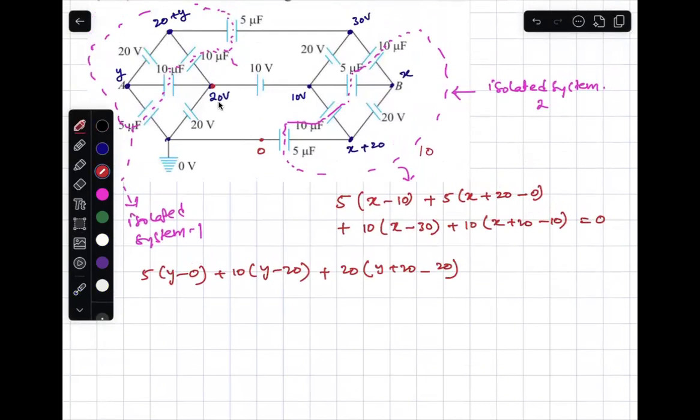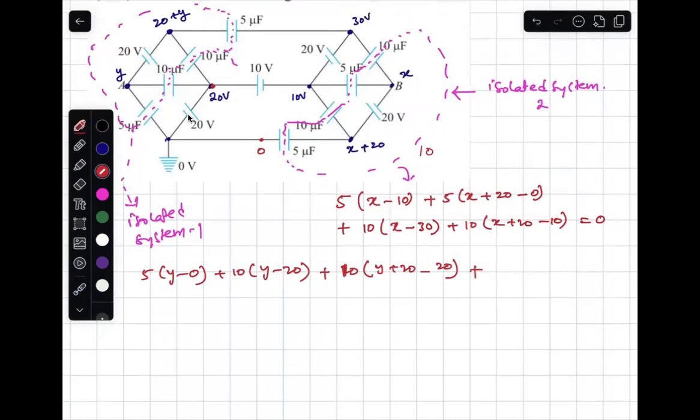10 into 20 plus y, there is a difference between y plus 20 minus 20 and 20 plus y minus 20. Hold on, see. For this, how will you apply? Tell me. 10. Okay, right. Plus, anything left?